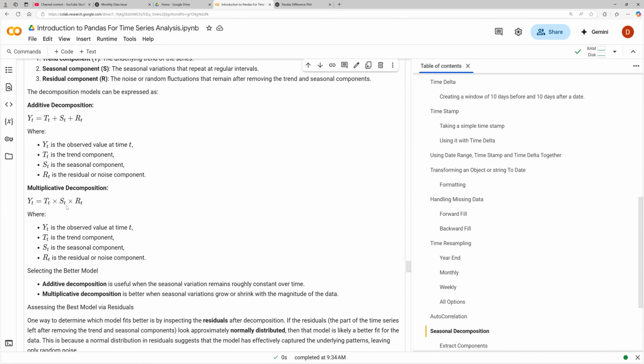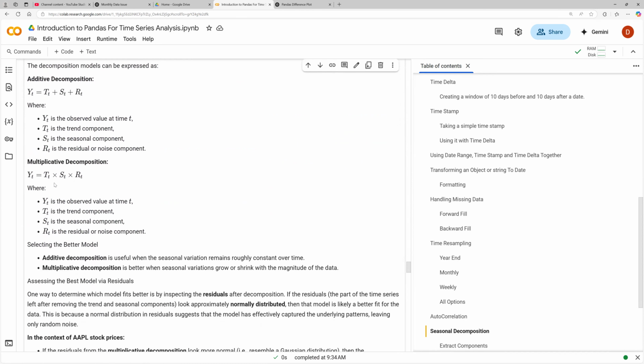And same with the multiplicative. Here, in some cases, in order to make a multiplicative series additive, we could take the logs. And usually log transforms are useful for that case because additive series are a lot more useful or practical to work with. Okay. Why?